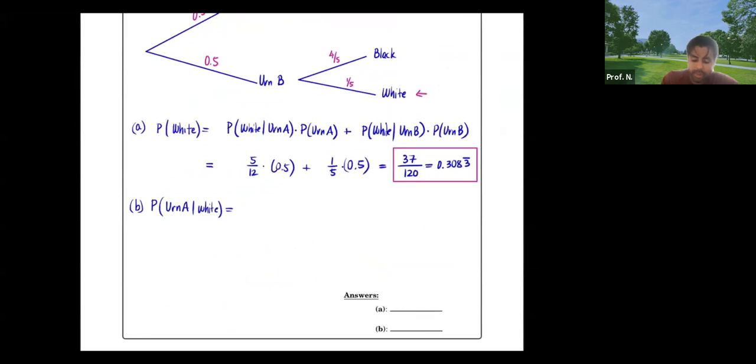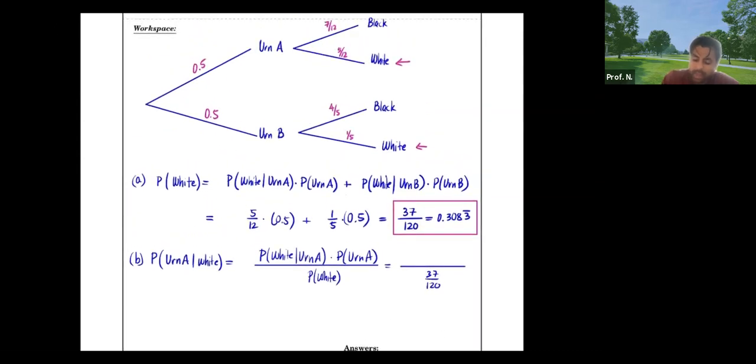So again, the probability of urn A given white is the probability that I have a white marble, given that I got urn A, times the probability of urn A. And I'm dividing this by the probability that it's white. But I already did that in part A. The denominator I already did, 37 out of 120. And then the probability that it's white given that it came from urn A is 5/12 multiplied by 0.5.